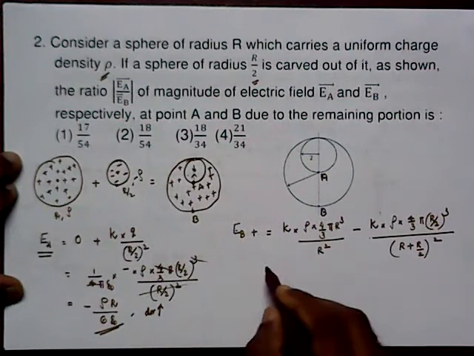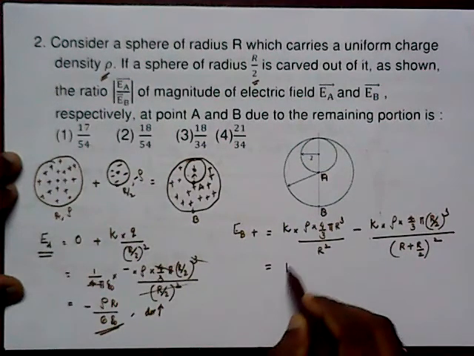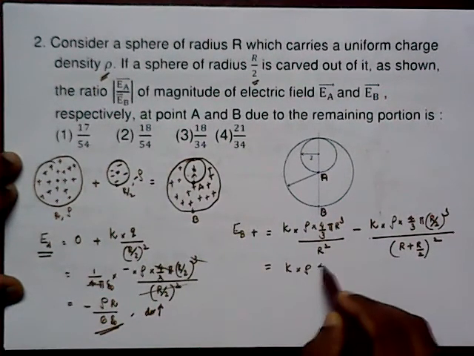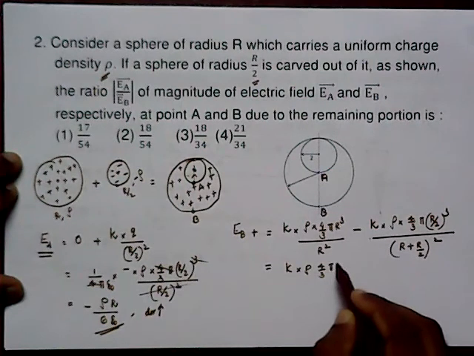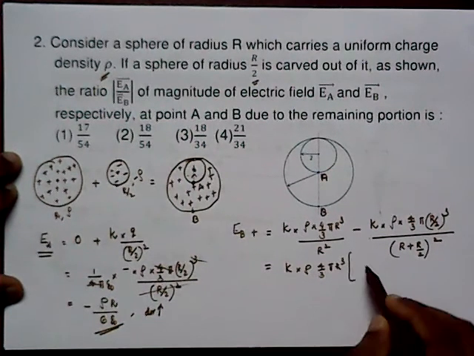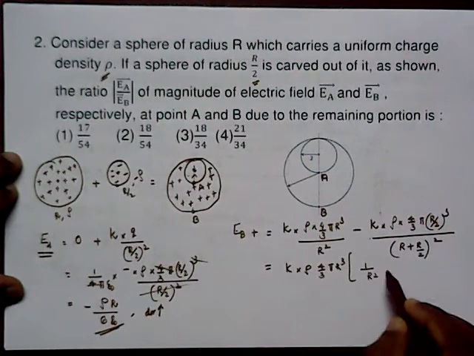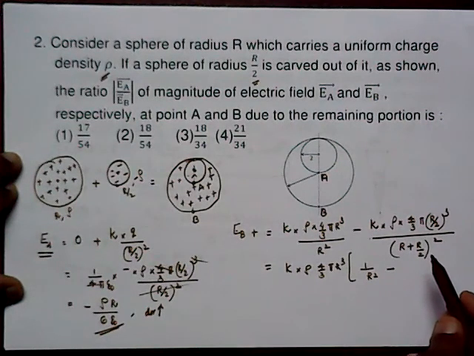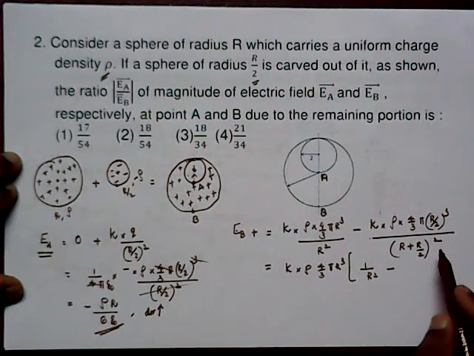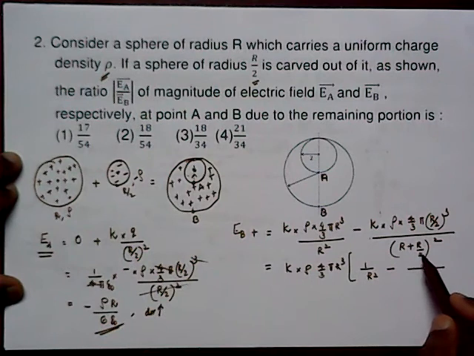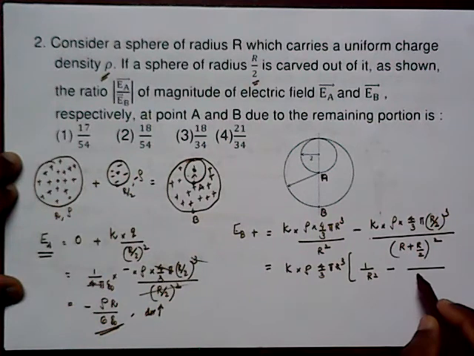So we can take the common factor k into rho into 4 by 3 pi r cube, into 1 by r square minus, so minus equal to, keep in mind, this one as 3 r square by 4. So 3 square, 9 r square by 4.